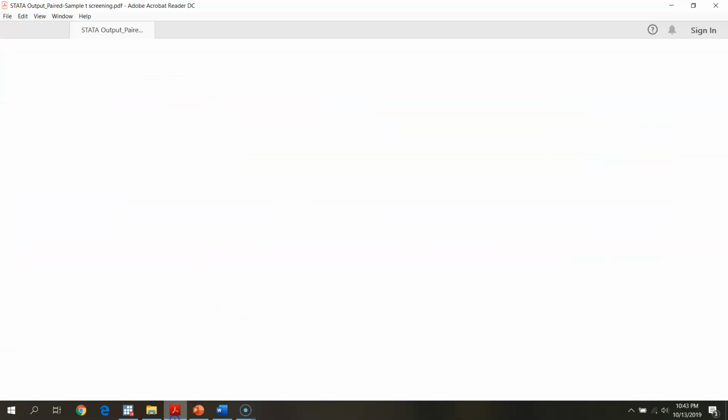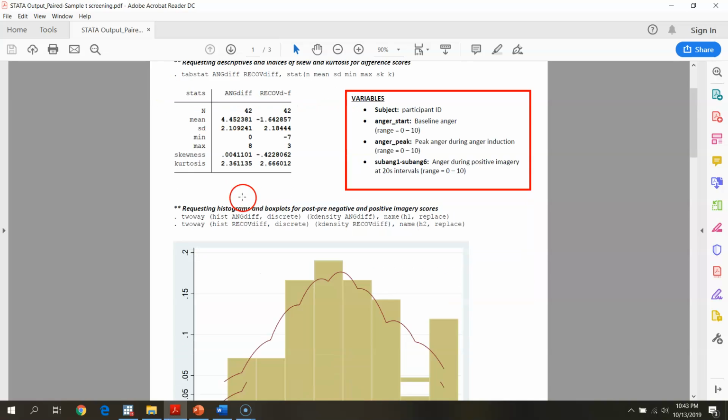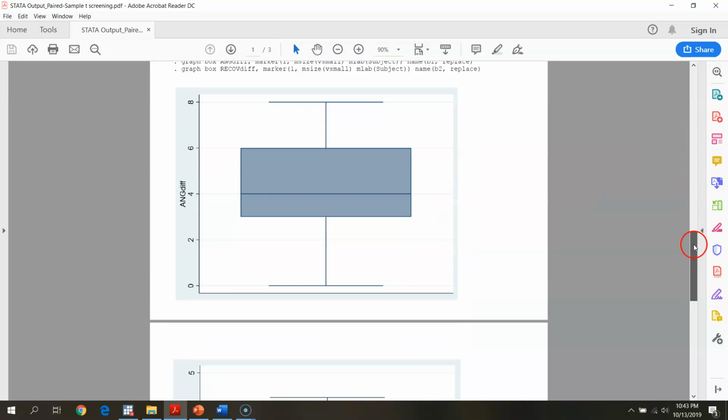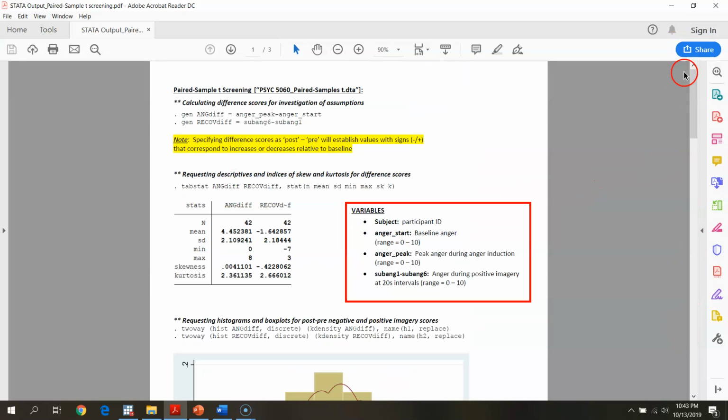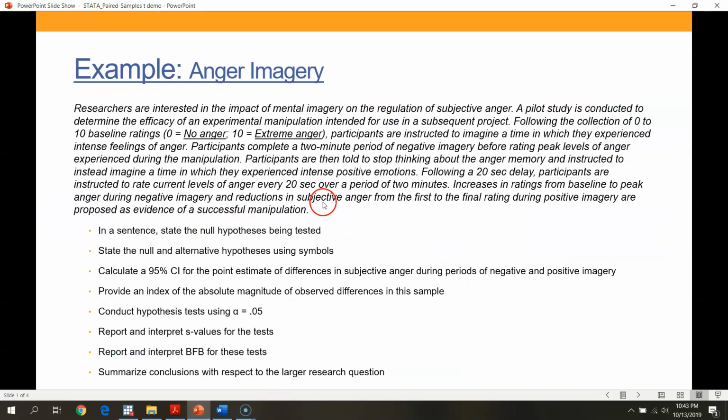So the handout that we'll be working with is the paired sample t screening for Stata, working through this for the screening stuff, and then again just as a refresher on the question. What we've got in this example is an interest in the impact of mental imagery on the regulation of subjective anger.